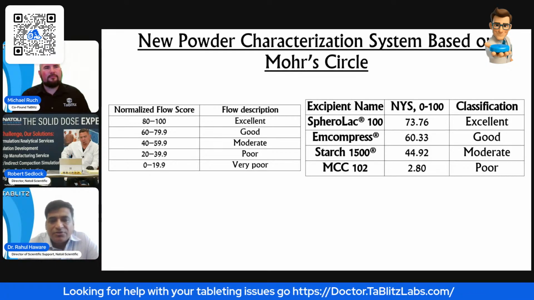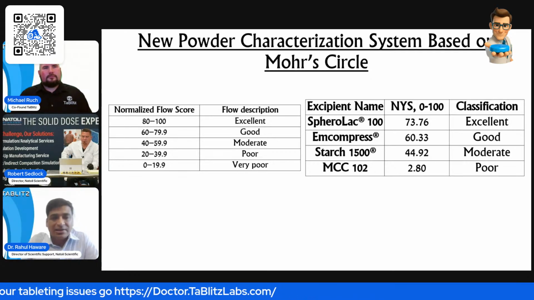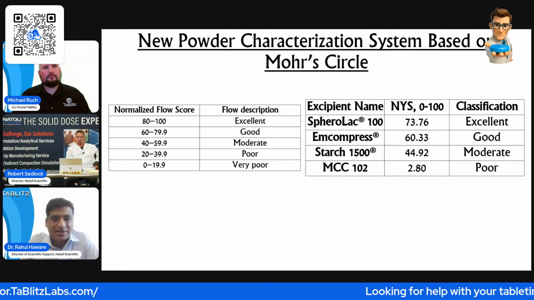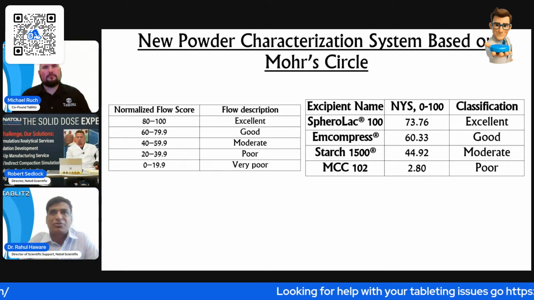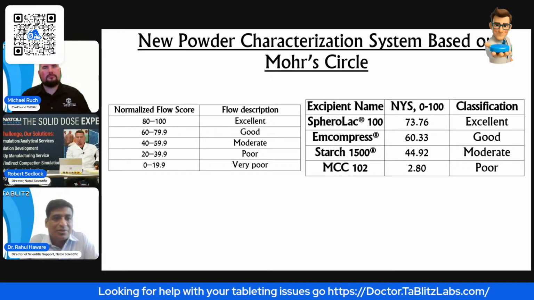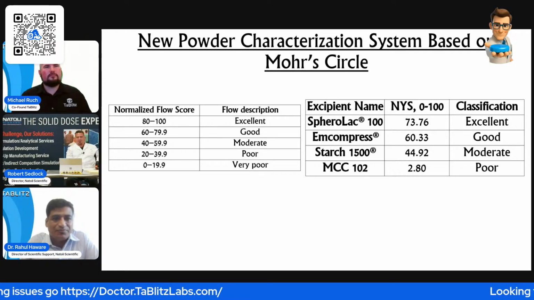Absolutely, but please keep in mind, we want a balance between non-cohesiveness and cohesiveness, because we don't want just non-cohesive powder. It will flow nicely, but at the same time, your end goal is to make a good tablet, not to make a powder, isn't it? So yeah, there's a balance, right?